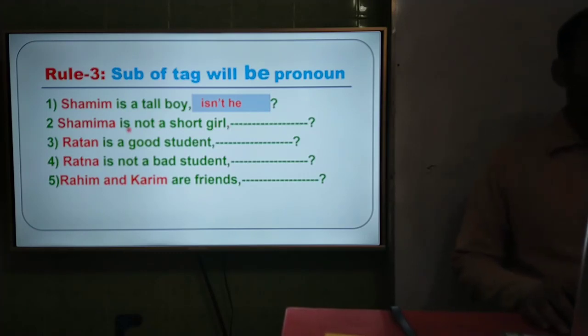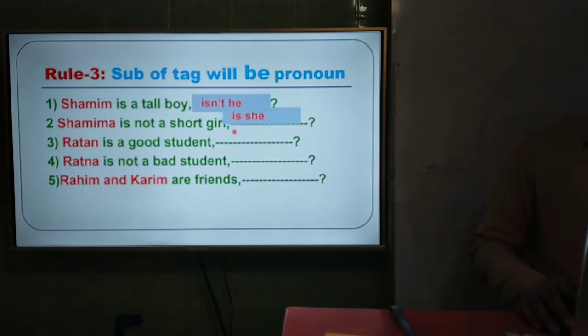So the answer will be: is she. As the sentence is negative, the tag question is affirmative, and we have used she instead of Shamima, as the subject is a female person.